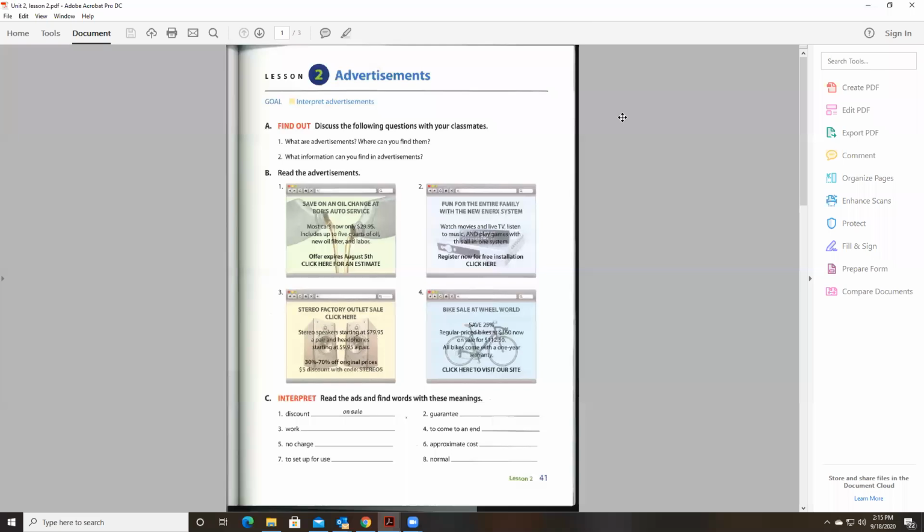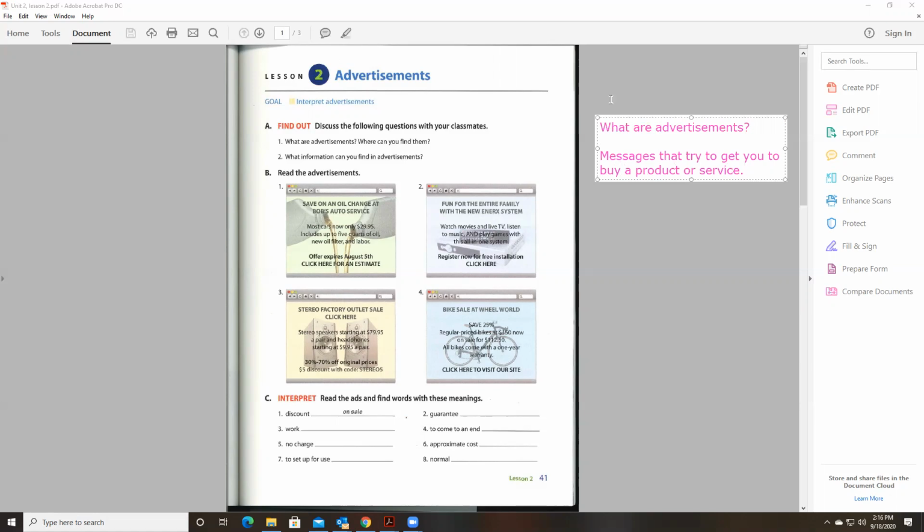I'm gonna write it over here. What are advertisements? The way that I would describe advertisements is messages that try to get you to buy a product or service.